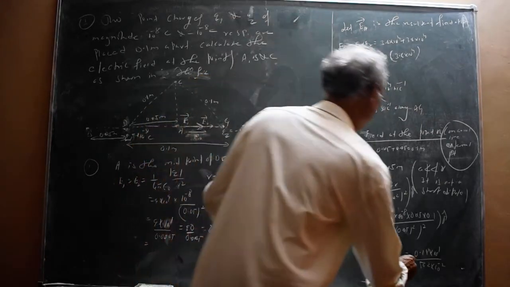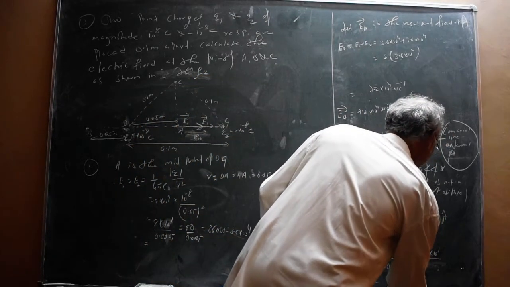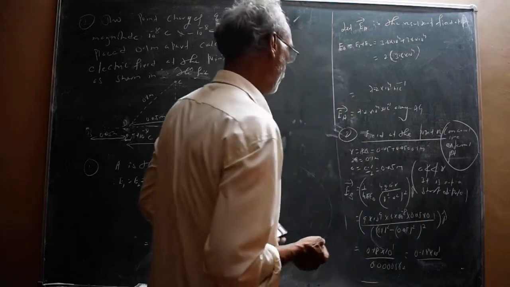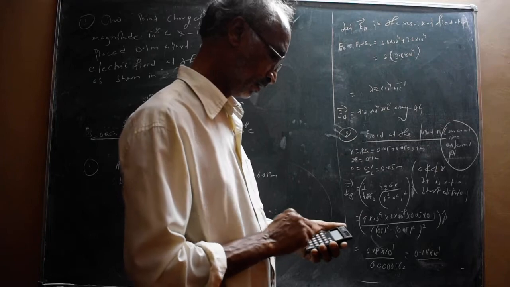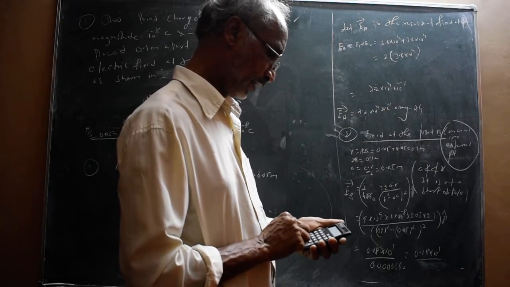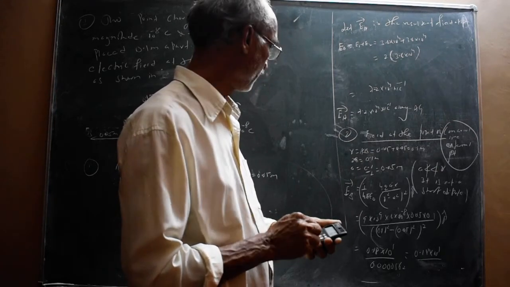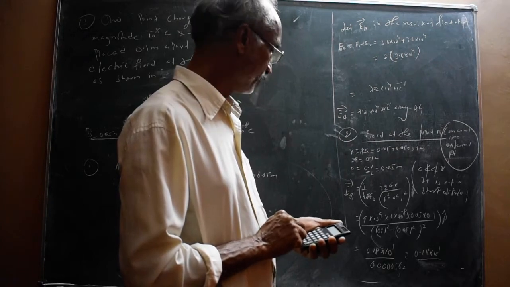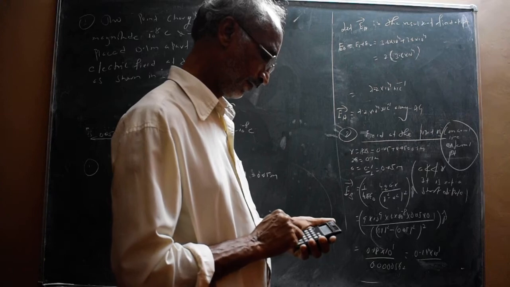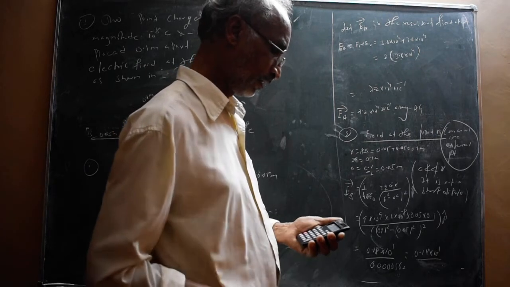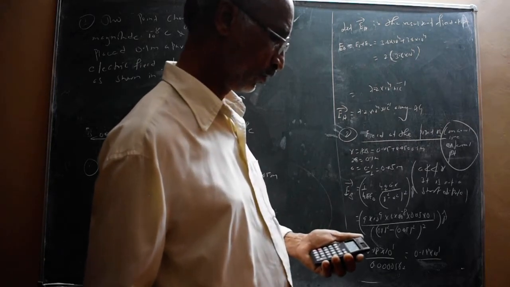Sorry, let us do the direct calculation. 0.18 divided by 0.0000562 equals 3202.